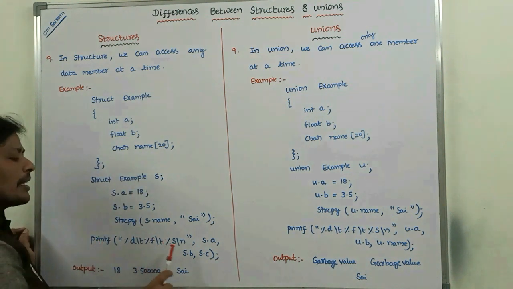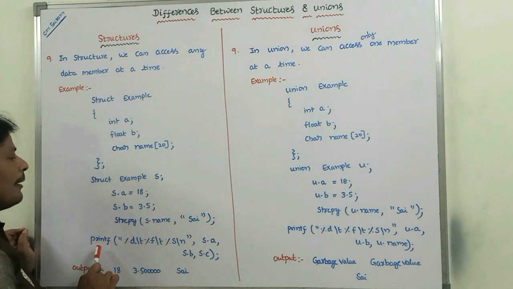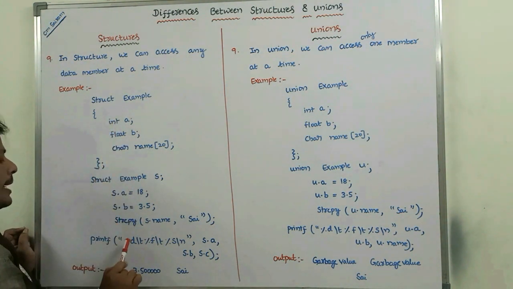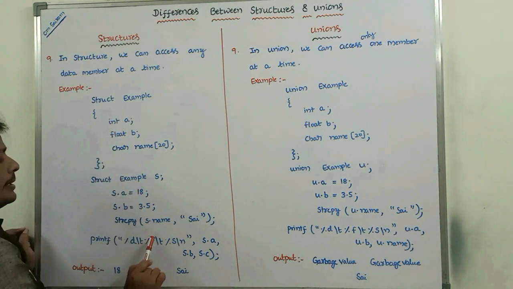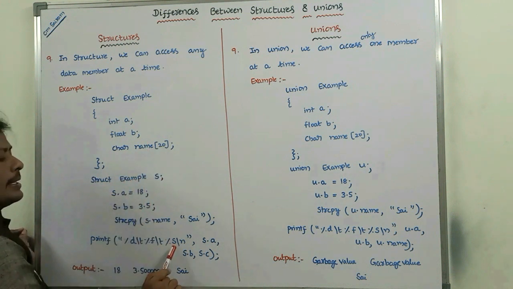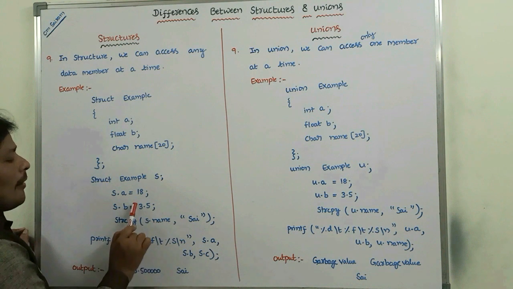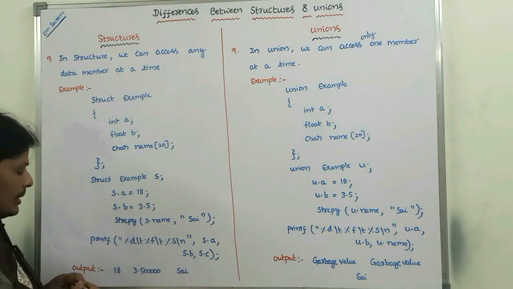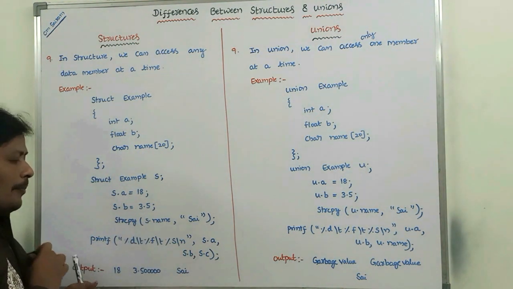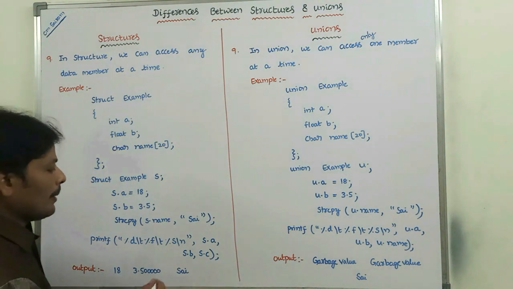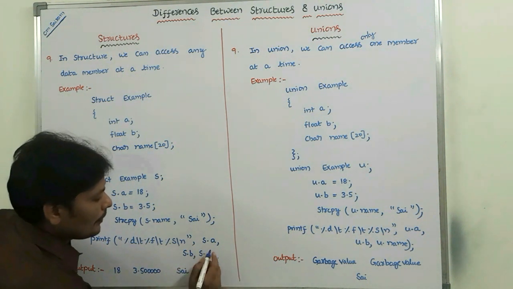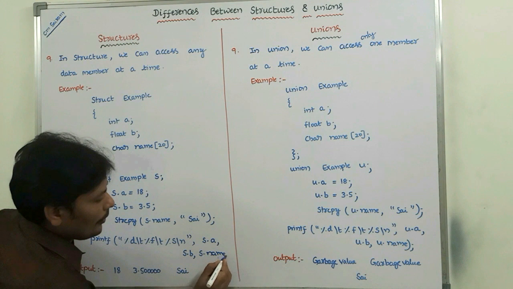Now we are printing the values. Printf, this is %d, this is %f, this is %s. So s.a, s.b, s.name.